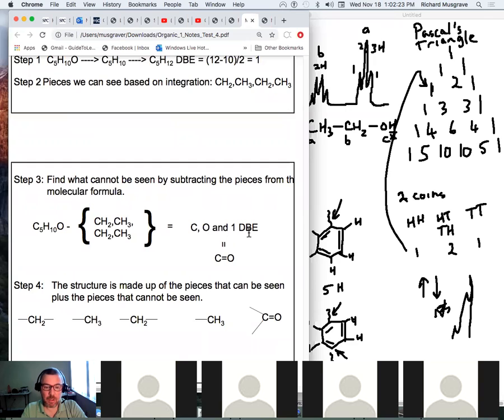You've got a C, an O, and a double bond equivalent, because you know the double bond equivalent isn't in the CH2s or the CH3s, so it must be in the part you can't see. So if you've got a C, an O, and a double bond equivalent left over, that would indicate you have a C double bond O. And again, the reason the C double bond O doesn't appear in the spectrum is because it does not have a hydrogen on it. But it's still very important to figure out that it's there. Does anybody have any questions?